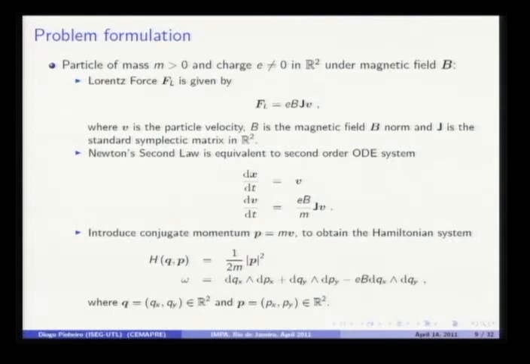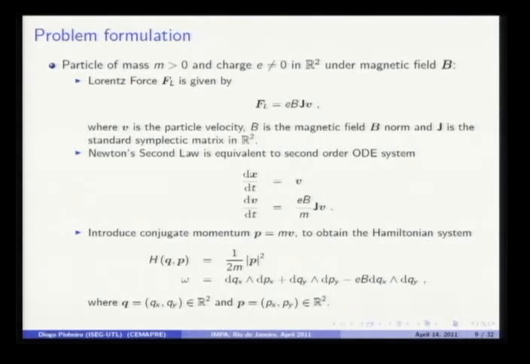As a first step to formulating the problem, let us look at the dynamics of one charged particle in R2. So you have this mass, the non-zero charge, and the magnetic field. You can write down the Lorentz force in that form, where J is just the standard symplectic matrix of R2. That is basically the exterior product between V and B. V is the velocity of the particle.